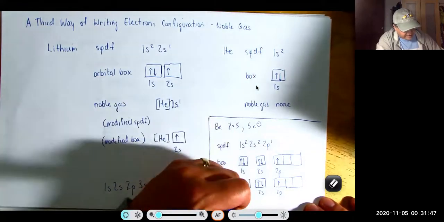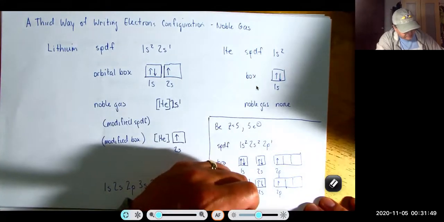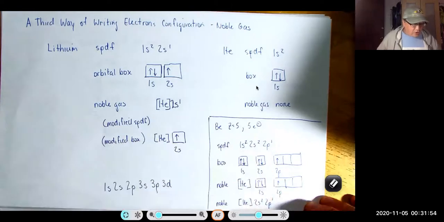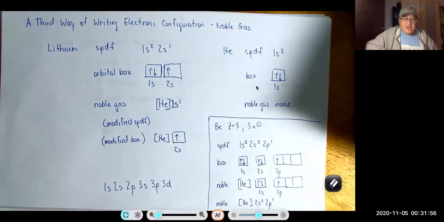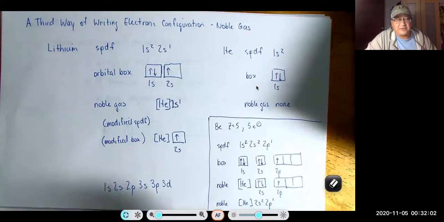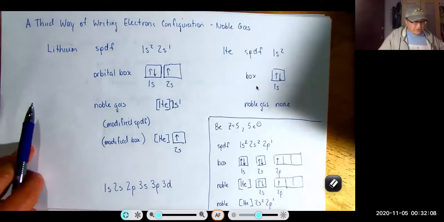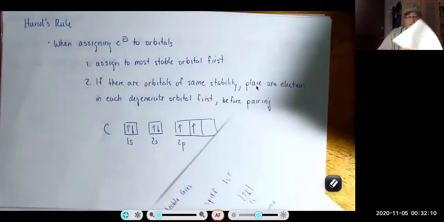It would look like this: helium 2s2, 2p1. So you show all the electrons that are beyond those that would be the same as the noble gas. You only do this for the noble gases. So you lead with the noble gas. You would never lead with fluorine or something like that. So that's the third way of writing the electron configuration.